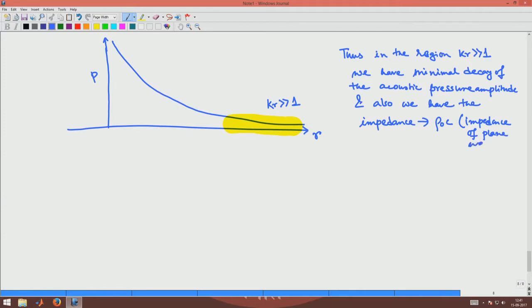So, therefore, the particle velocity in the direction of wave propagation, which was u r, is basically rho naught c times the acoustic pressure, and the same formula was obtained even for the plane wave.